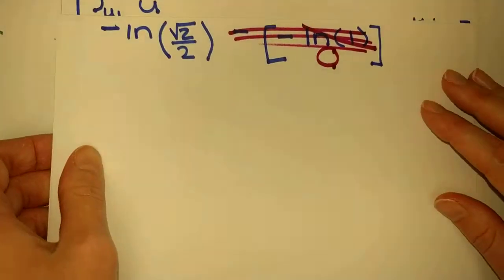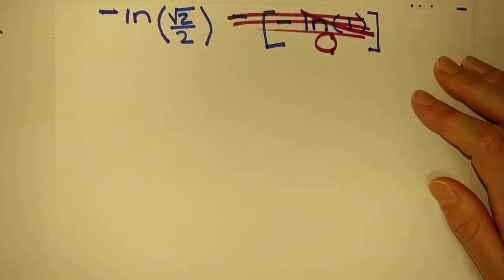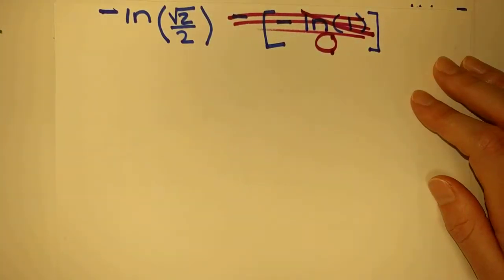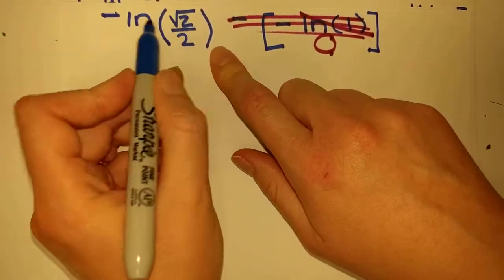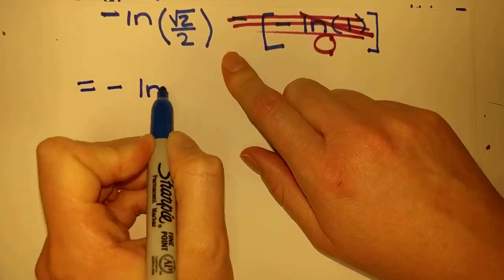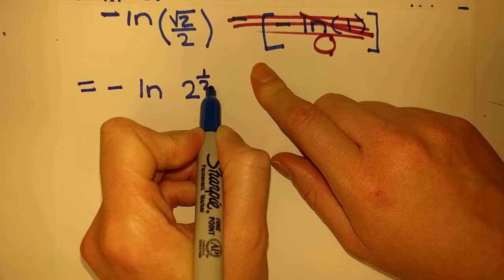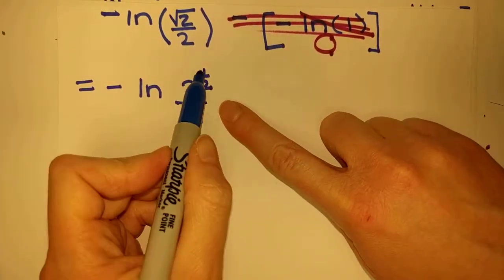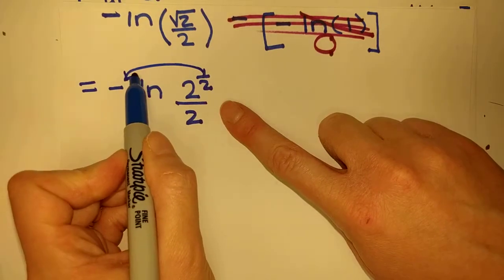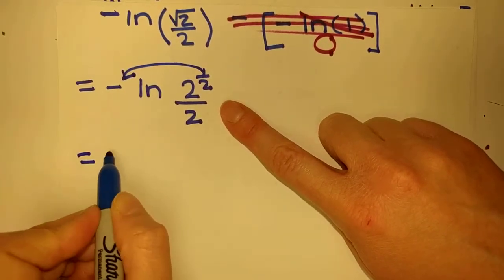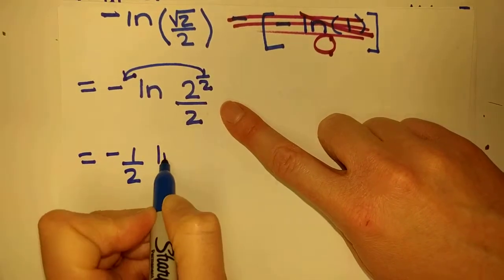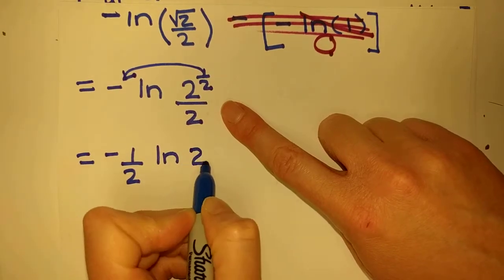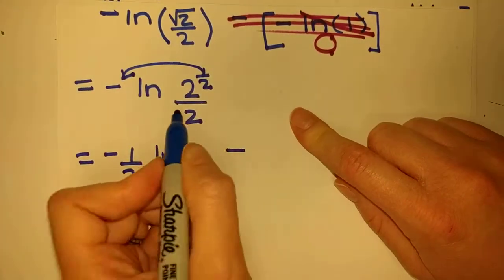Now, do keep in mind here that you can use log properties, because when you have this square root, that can be written as 2 to the 1/2 power and then over 2. So if I bring this 1/2 power out in front, then what I will have is minus 1/2 natural log of 2 minus, and then this denominator.